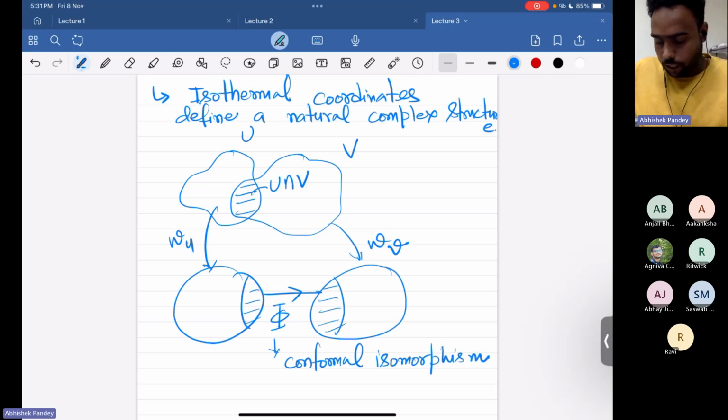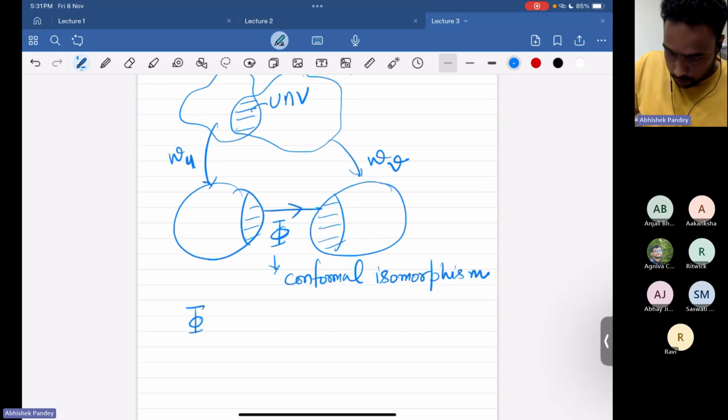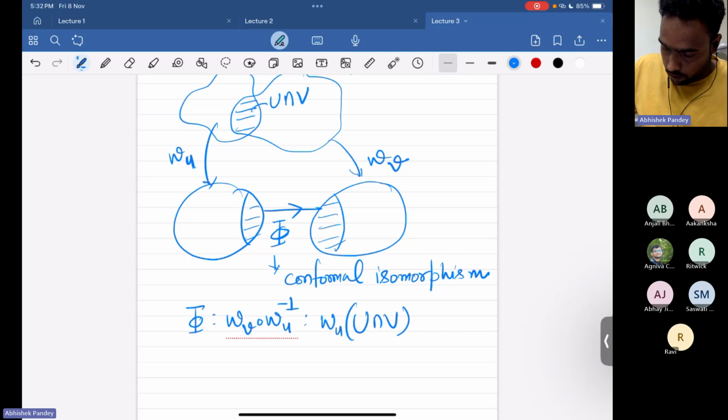This is regarding the same patches: if the coordinates U and V are intersecting, the transition map phi between these isothermal coordinates is going to be a conformal isomorphism. This phi is nothing but W_V composed with W_U inverse, from W_U(U intersection V) to W_V(U intersection V).